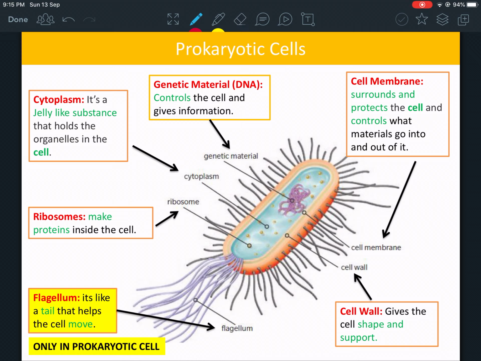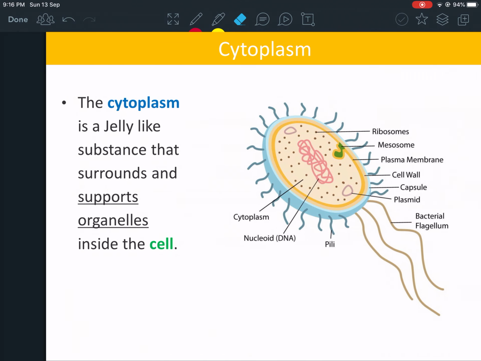It surrounds, meaning around it, and protects it. Okay, and it lets materials in and out. In goes stuff, out goes waste. Okay, so it lets material in and out and surrounds, that means it's around the cell, and it protects the cell. Surrounds and protects the cell. Okay, that's the cell membrane.